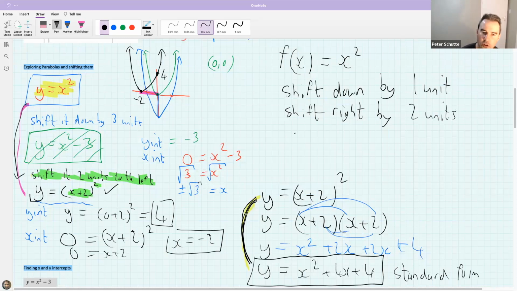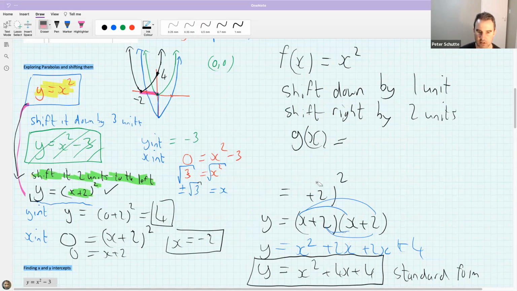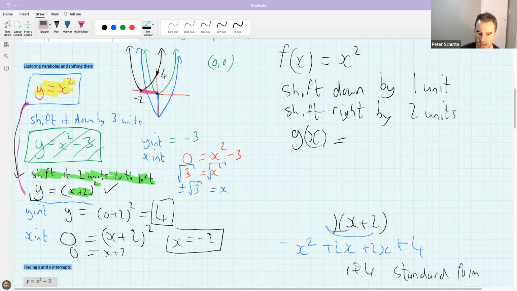And we'll call the new equation g of x. Find me my new parabola if I shift down by 1 unit and shift right by 2 units, and I want you to use the working out that I have on the screen right now. We don't need this bit, it was just a little bit of extra.